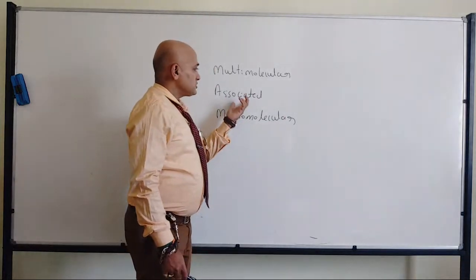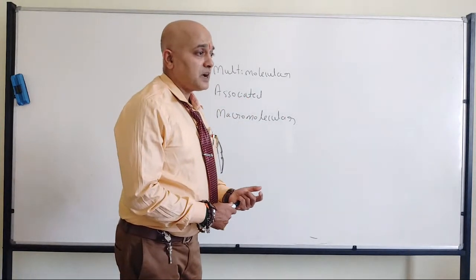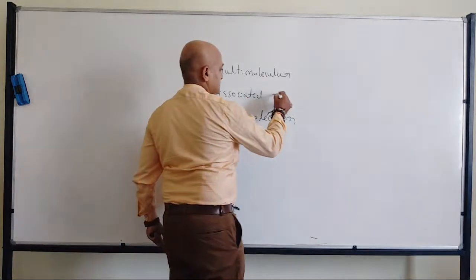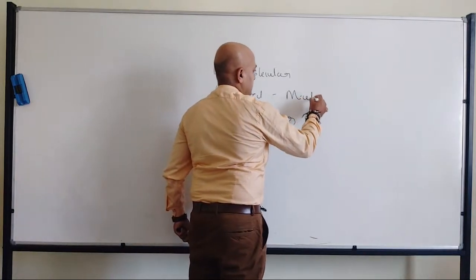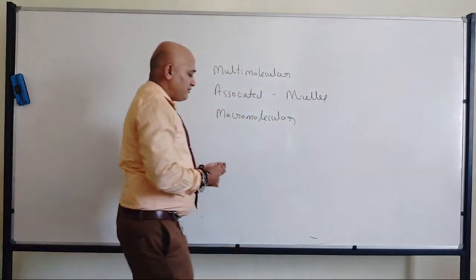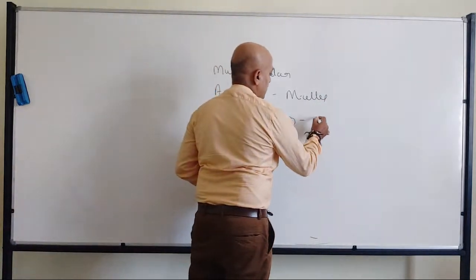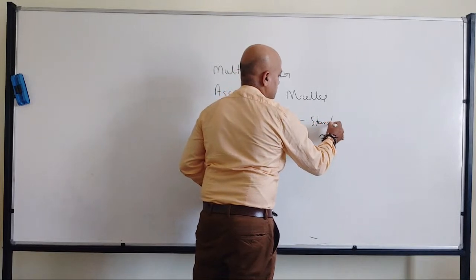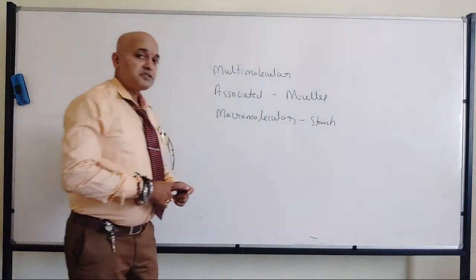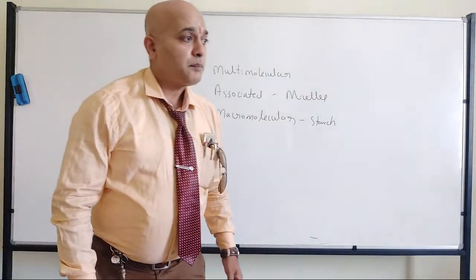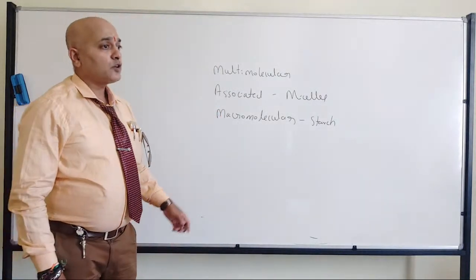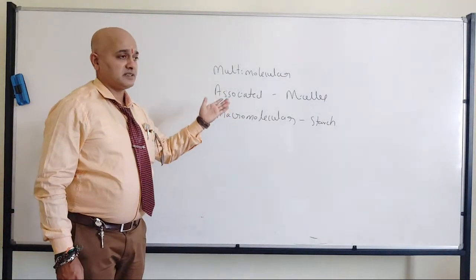Now when it comes to associated colloids, the best example was micelles. And when it comes to macromolecular, a starch solution can be the example for macromolecular colloids. That's what we have discussed.